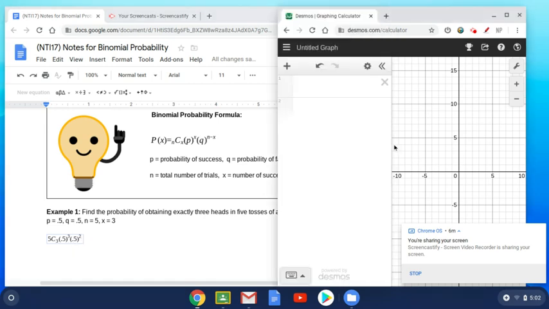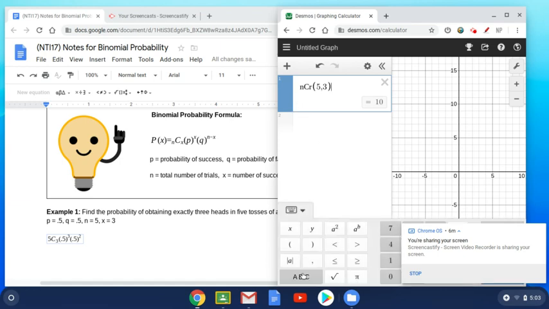Okay, and watch how I type this into Desmos. So I do NCR 5, 3, okay, and I get 10. And then let me find my little multiplication symbol, wherever it may be. Oh, there it is.